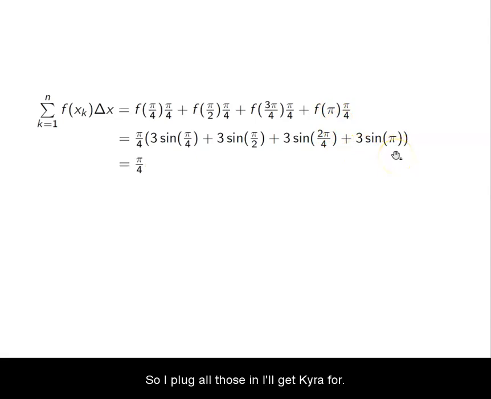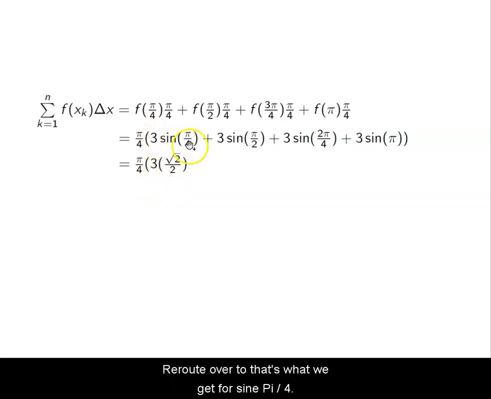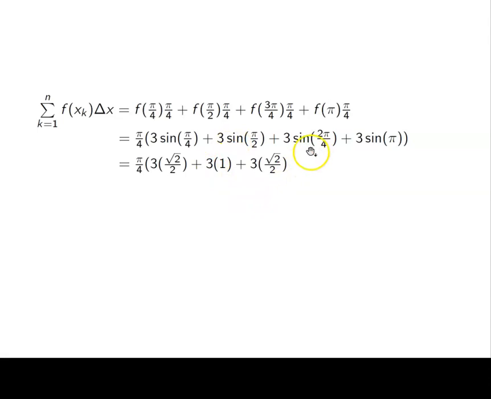Okay, so if I plug all those in, I'll get pi over 4 times 3 root 2 over 2. That's what we get for sine pi over 4. Pi over 2 gives me 1 for sine, times the 3. Sine of 3 pi over 4 is root 2 over 2. And sine of pi is 0.